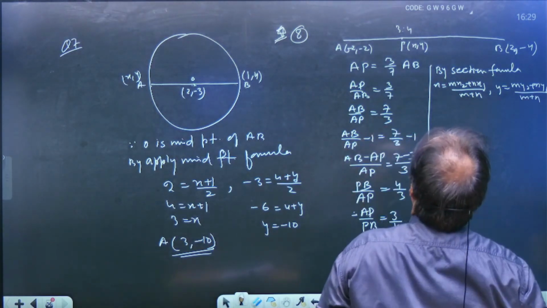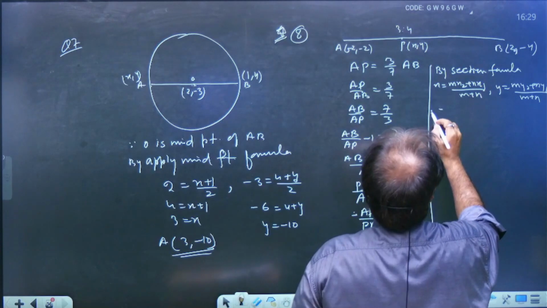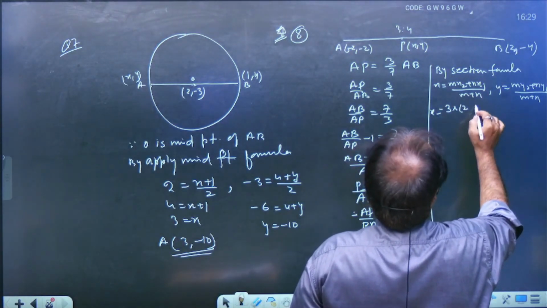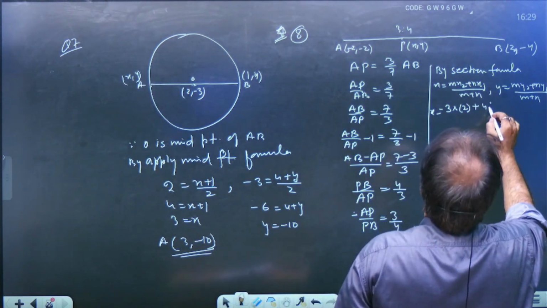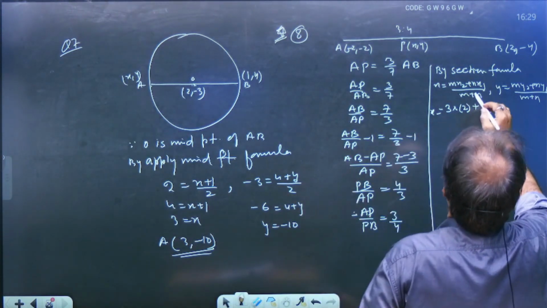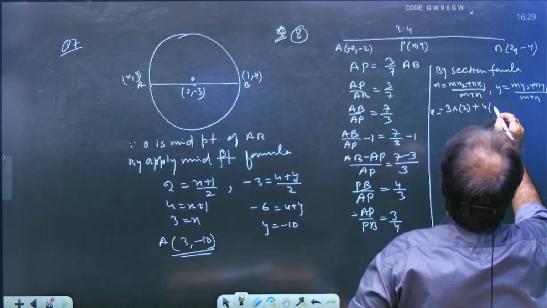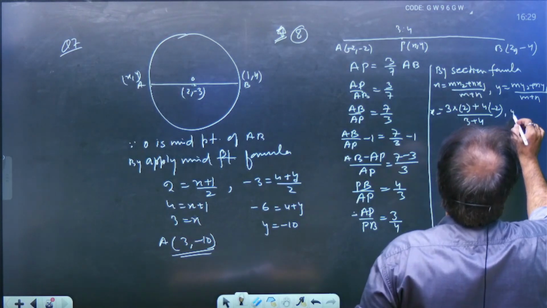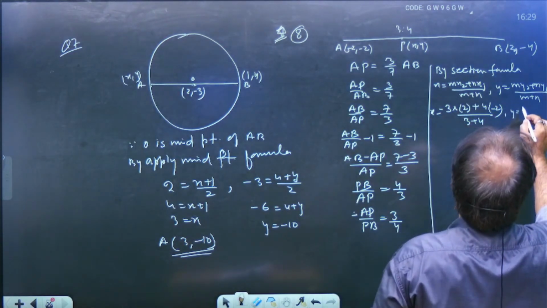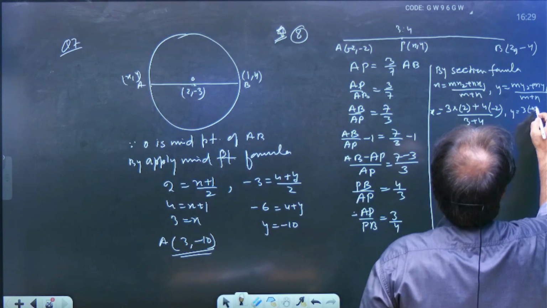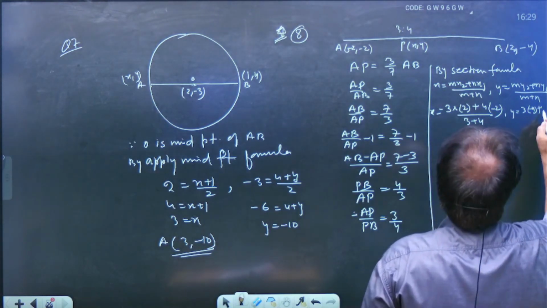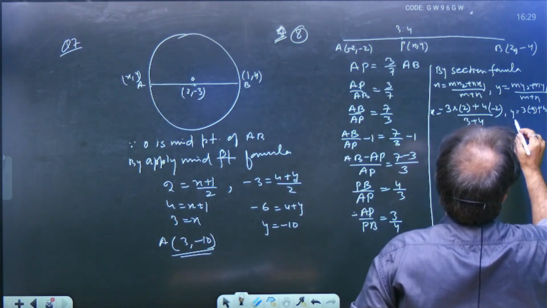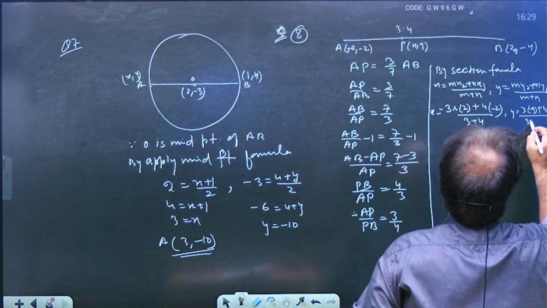Okay, now put all the values. m is 3, x2 is 2, n is 4, and x1 is minus 2, upon the sum of the ratio, 3 plus 4. And now y is equal to m y2, m is 3 and y2 is minus 4, and n is 4 and y1 is minus 2, upon the sum of the ratio, 3 plus 4.